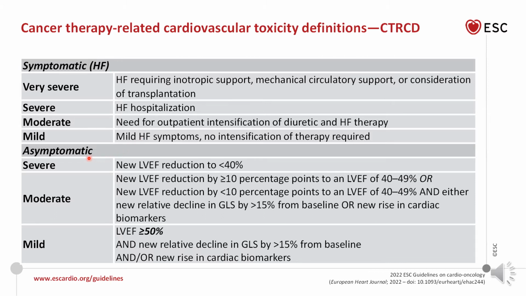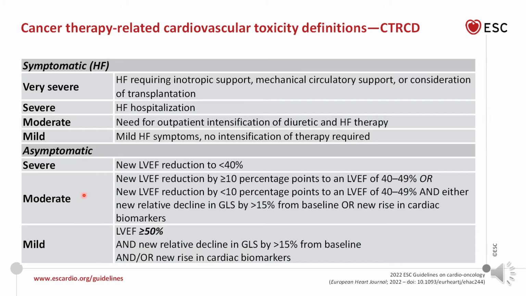The second group is asymptomatic heart failure, which is subdivided according to the extent of myocardial affection into severe asymptomatic, where the ejection fraction drops below 40, and mild asymptomatic, where the ejection fraction is more than 50, and it requires other data to prove the subtle myocardial affection, such as global longitudinal strain drop of 15% from the baseline, and or rise of biomarkers like troponin or BNP.